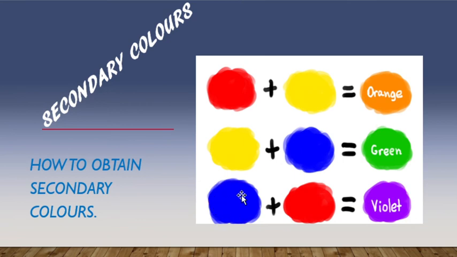We have blue here, we have red here. Both are primary colors, and if you mix them together, we're going to get violet. I believe you all have poster colors. You can try this at home. Mix them to see the results that you will get.